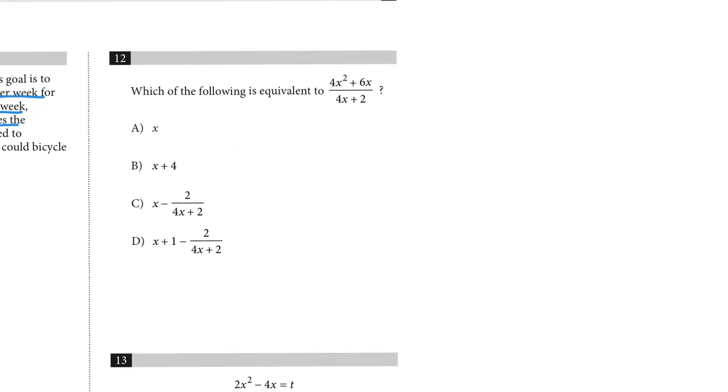Which of the following is equivalent to (4x squared plus 6x) by (4x plus 2)? Alright, just simplification, I guess. First we could remove 2 common over here, so that would become (2x squared plus 3x) over (2x plus 1). Now, the easiest way to solve this would just be substituting x.